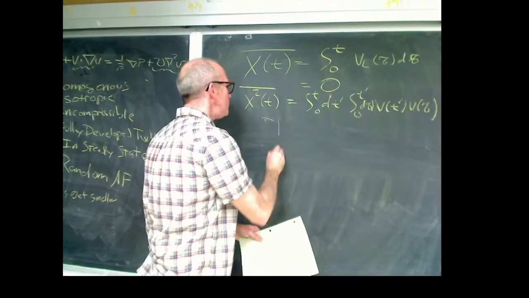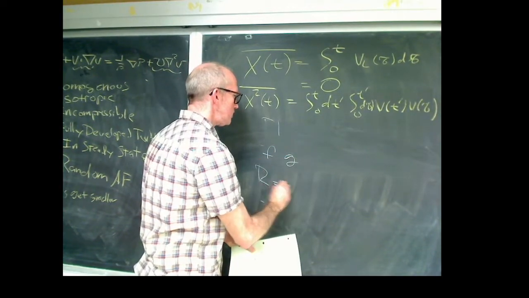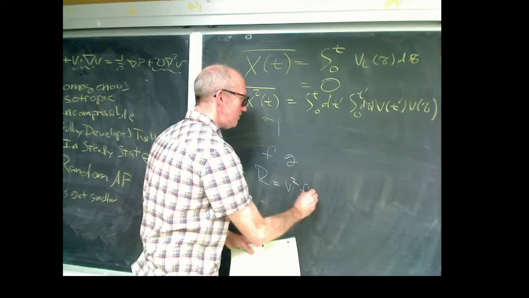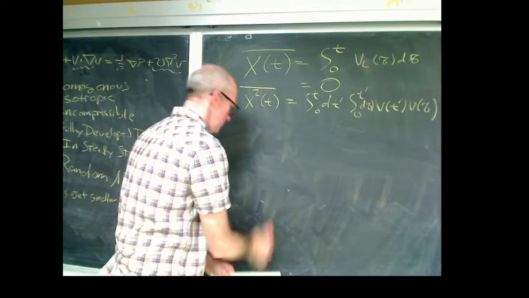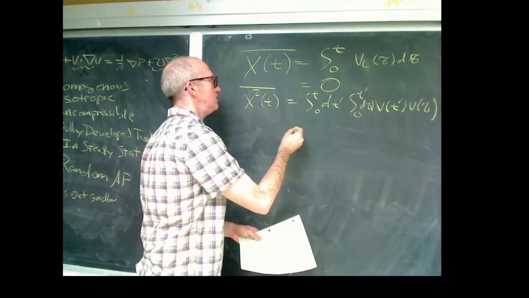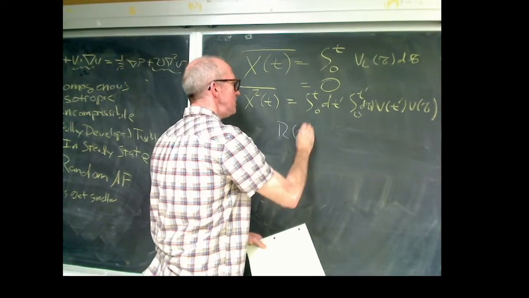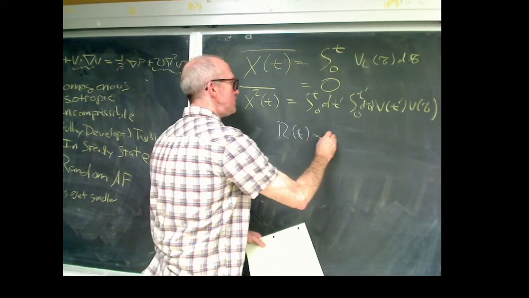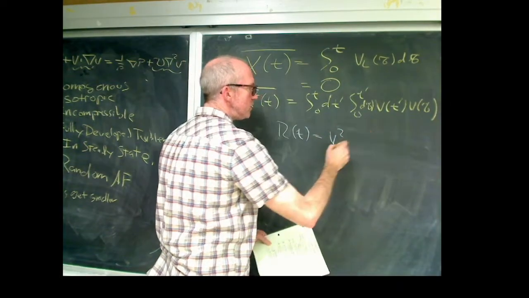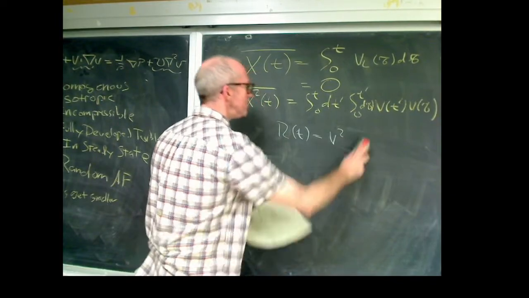So I had introduced these functions f and g, and then the correlation function is going to be v squared times f. I'm going to say we got some other correlation function R of t, and this is equal to v squared times some other function.